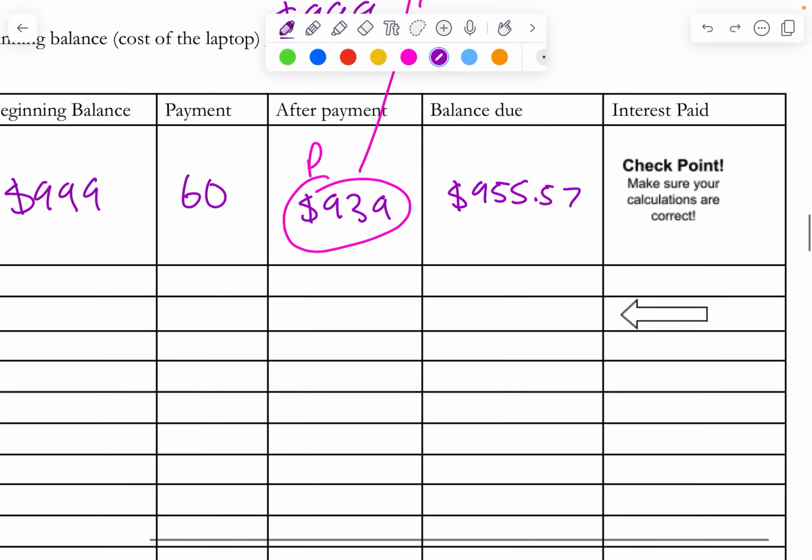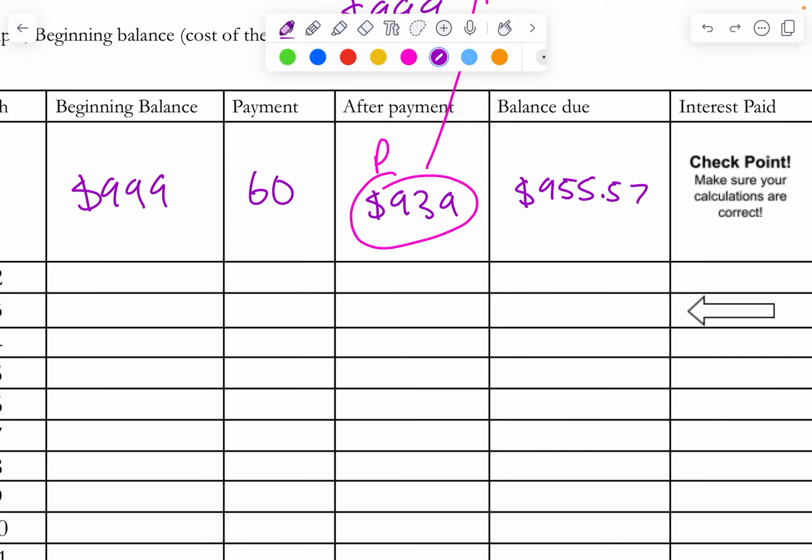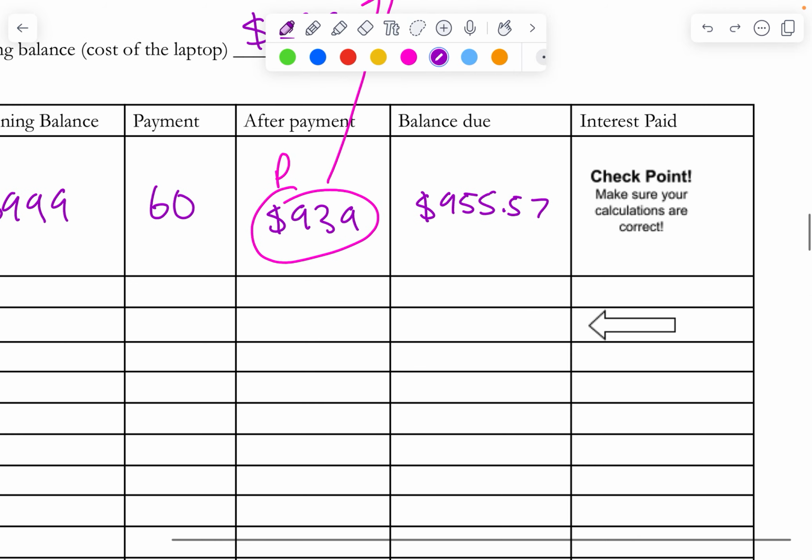You paid off $60, and then at the end of the month, they added interest onto the $939. So if you take 955.57 and subtract 939, you added on $16.57 of interest that month.